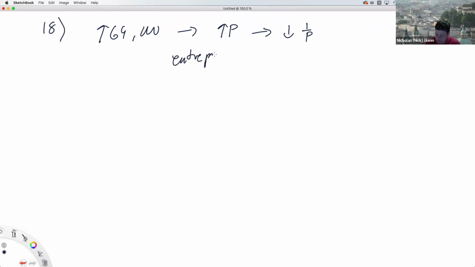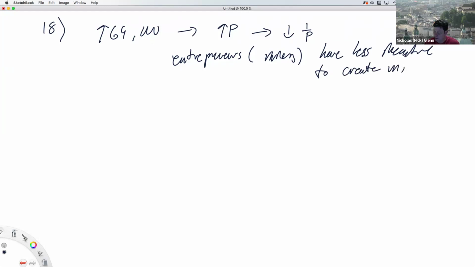All right. Entrepreneurs or miners have less incentive to create money. Okay. So that means money creation is going to decrease. Well, what about token loss?